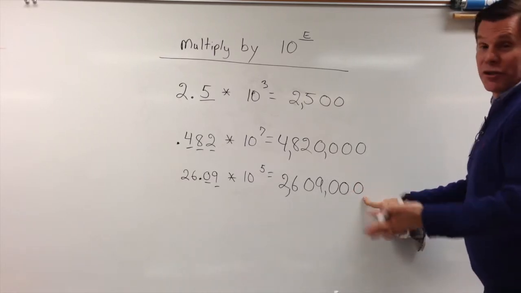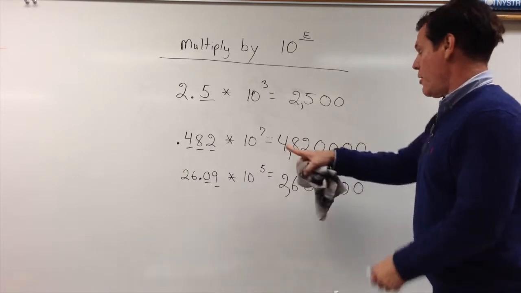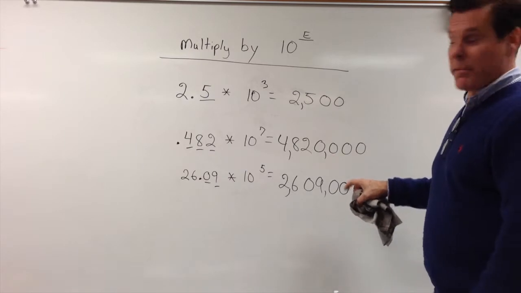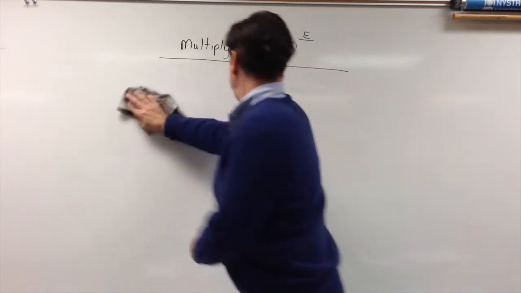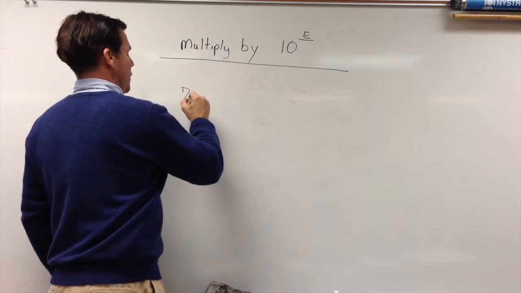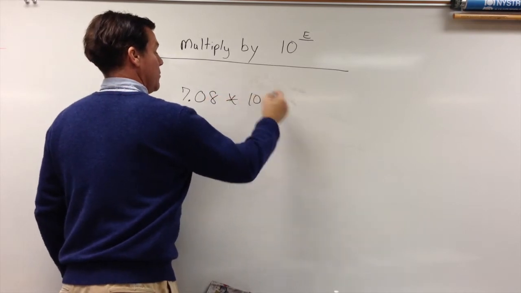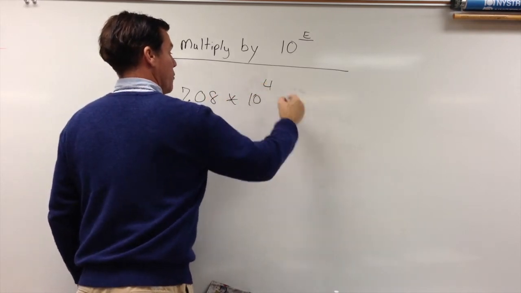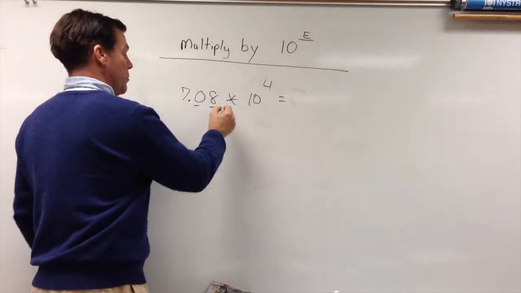Okay? So let's just try one more, thinking about it that way. I could put all the zeros and move my decimal point back in, or, let me just write one real quick over here. If I have, for example, 7.08 times 10 to the 4th power, I notice that I have 2 decimal places here.